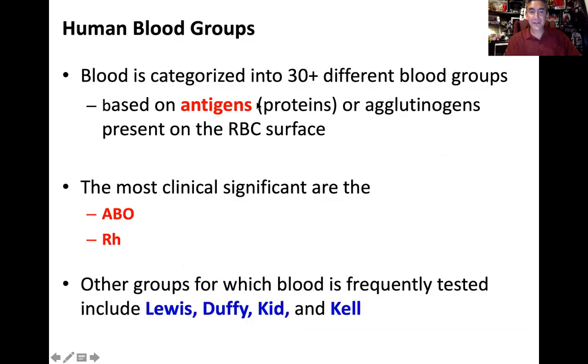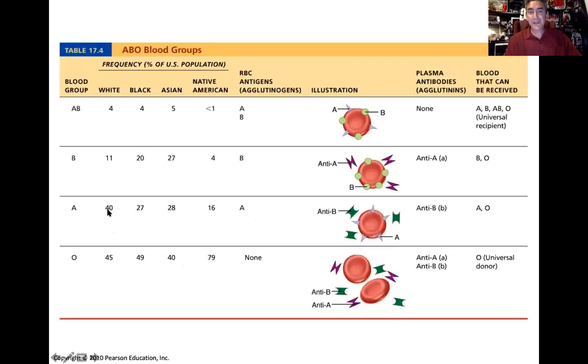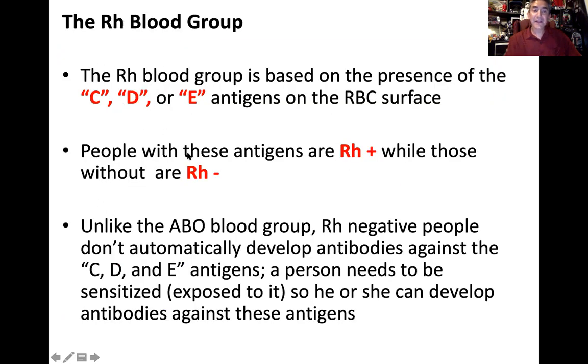We have the A and B that make up the ABO system. The C, D, and E collectively make up the RH. So if you have a C or a D or an E, you are considered RH positive. If you don't have a C, a D, or E, you are considered RH negative. So these are presence or absence. Present, yes, positive. Absent, no, negative.